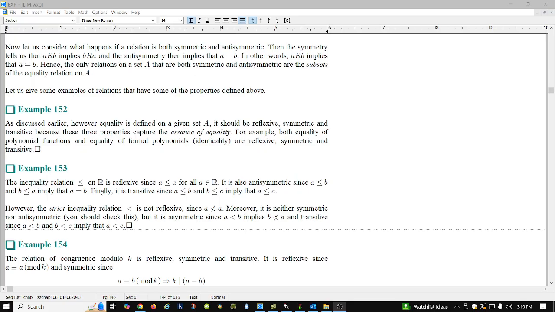But that's not an if and only if. So a relation that is both symmetric and anti-symmetric must be a subset of the equality relation. It doesn't have to be full equality. Okay.